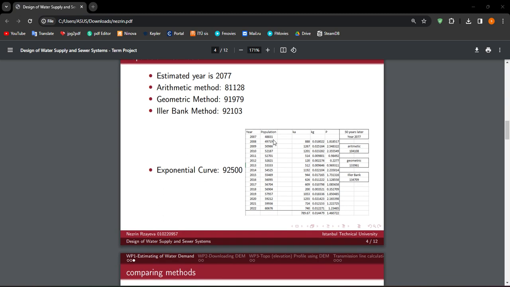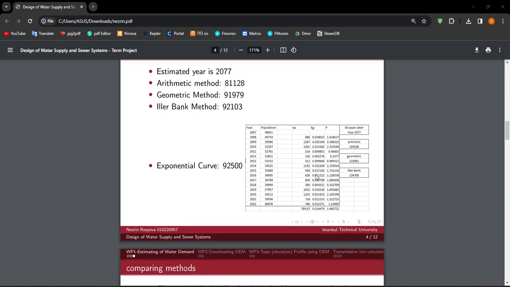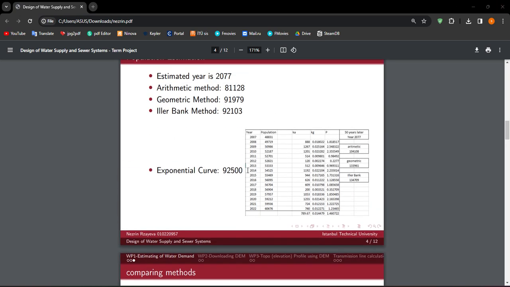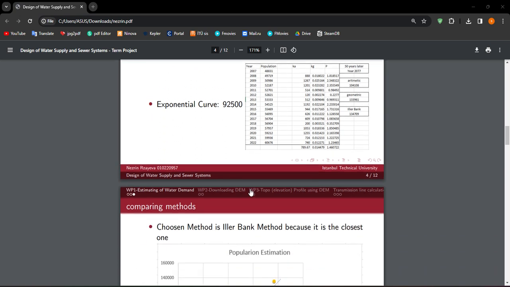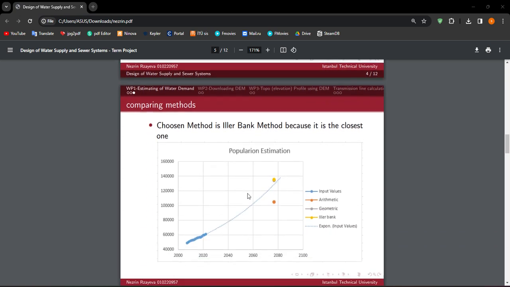We write the populations getting the K and P, which are the corresponding coefficients of the arithmetic, geometric, and Bank methods, and later we get the point that best fits the exponential curve. We find that exponential curve which best fits, and finally we choose that. Our choice will be the Bank method.